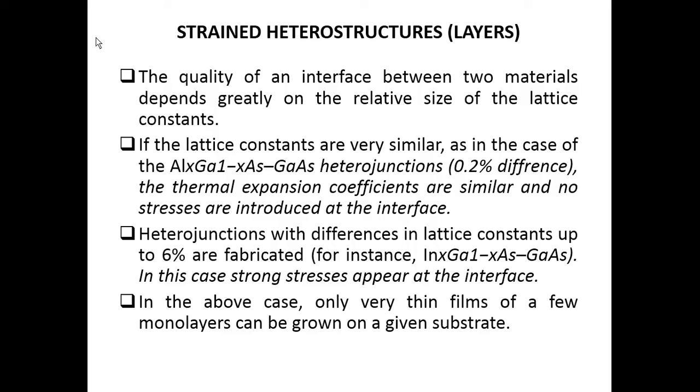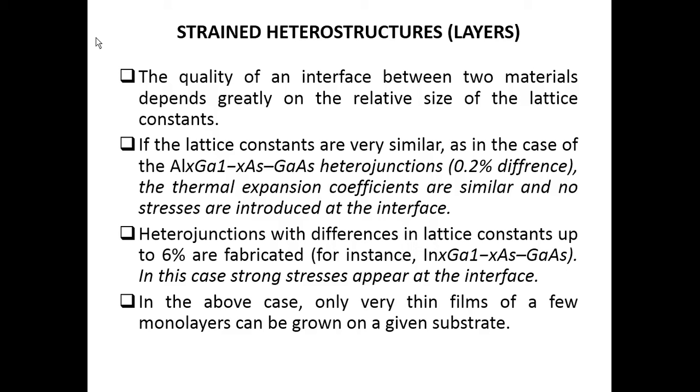Indium gallium arsenide is on one side, and on the other side, very similar to our ordinary case, gallium arsenide is there. When we form a heterojunction with these two materials, high stresses are developed at the interface, and this stress means having some strain upon the interface.